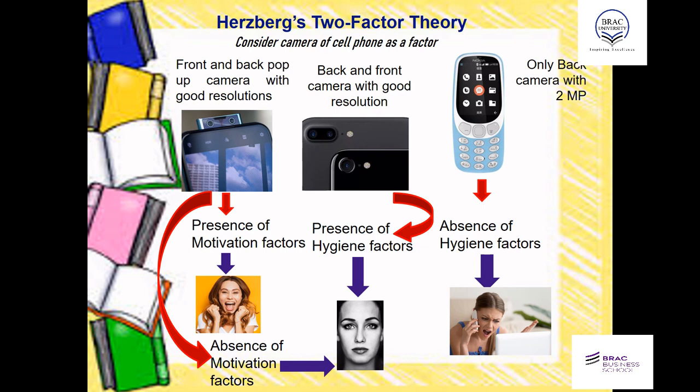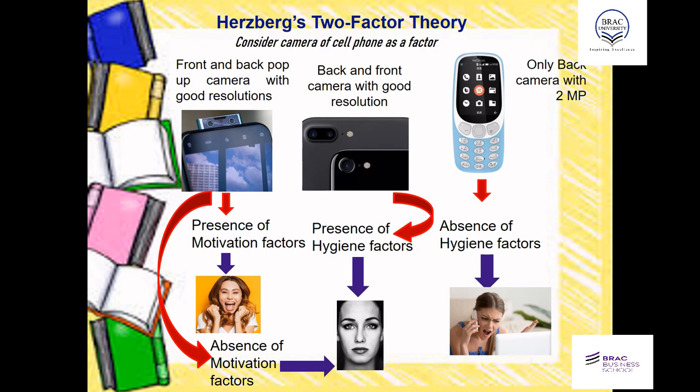Is it going to make you satisfied? According to the present context, it's not going to make you satisfied. You are looking for some better feature, not this one. So if you get this pattern of product, you are going to be highly dissatisfied.